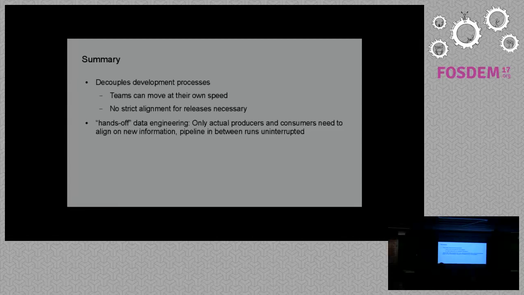They just read the data and write it to the output, and everyone can basically upgrade to new schema versions at their own speed, and only the actual producers and consumers need to align on including new information in your messages, and the pipeline in between just forwards them without needing to know about it.